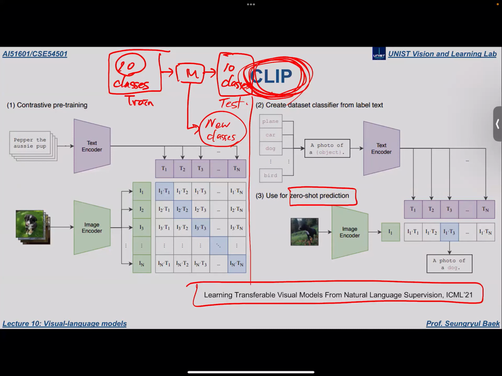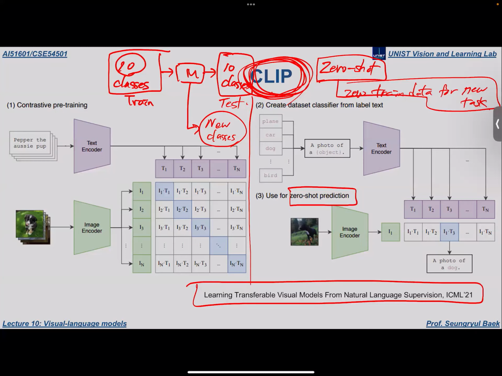We already learned about continual learning, which can extend the output of the model towards the new class, and we have to train that model using the new data set. But in zero shot, it is zero shot because we are given zero training data for the new task. So even without any training data for the new task, we have to estimate that class at testing. So that's the zero shot, okay?